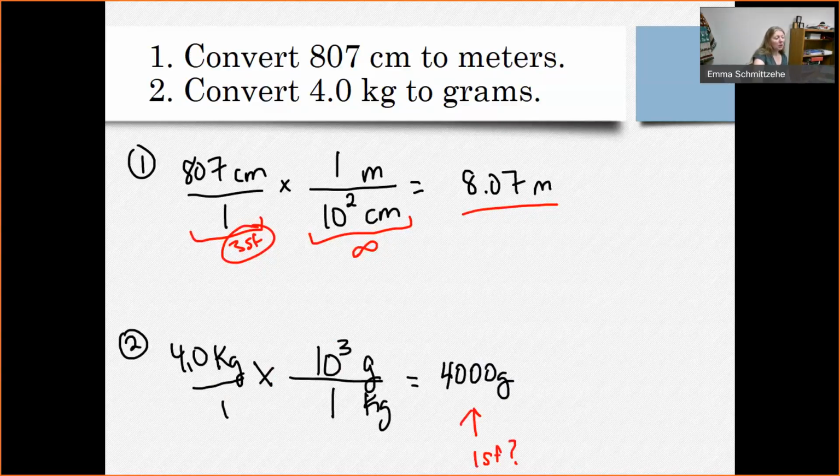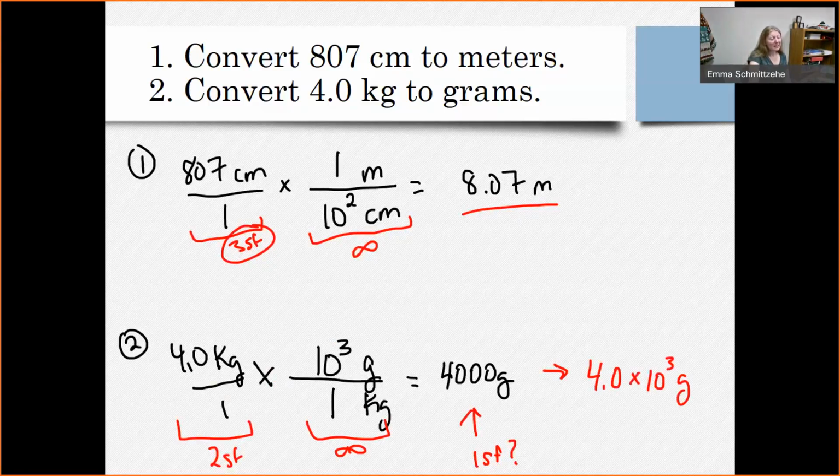We don't know if it's 1, 2, 3, or 4. But based on what we used, this is 2 sig figs, and this is infinite because it's an exact conversion. So really, the answer is 4.0 times 10 to the third grams, which makes it very clear that it's 2 sig figs. It's not 1 sig fig.